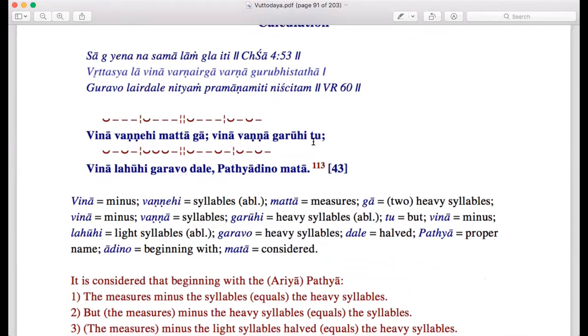By this verse, some techniques are given to find the measure count, syllable count, heavy syllable count, heavy measure count, and light measure count of each verse.